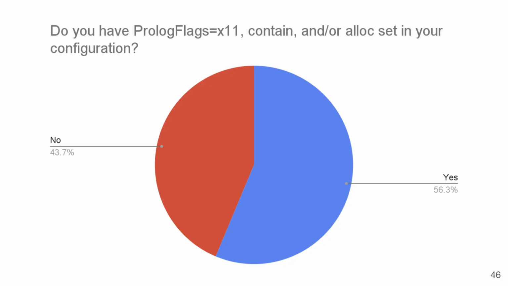PrologFlags alloc doesn't set it up on its own, but it's very closely related in what potential latency trade-offs on an individual application would come in from the system. So I'm actually still quite surprised to see that almost half the respondents say that they aren't running with this mode of operation, and we're internally trying to figure out what that might mean to some future plans that we have in that space.